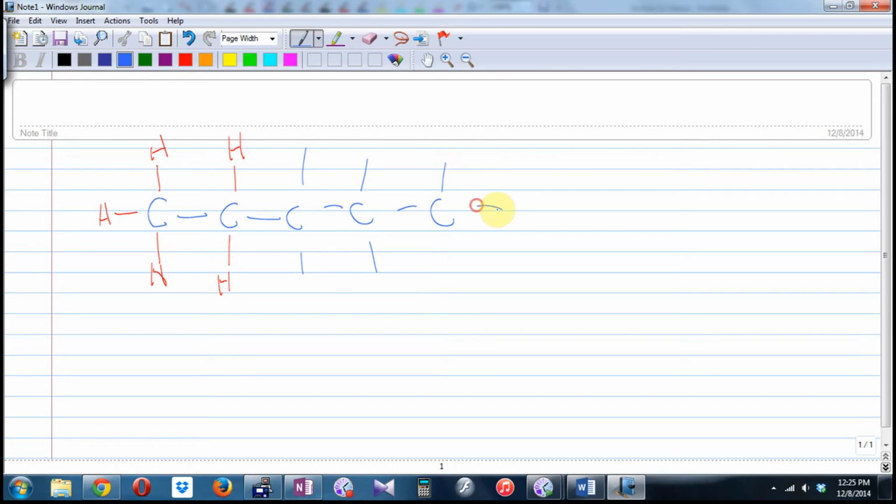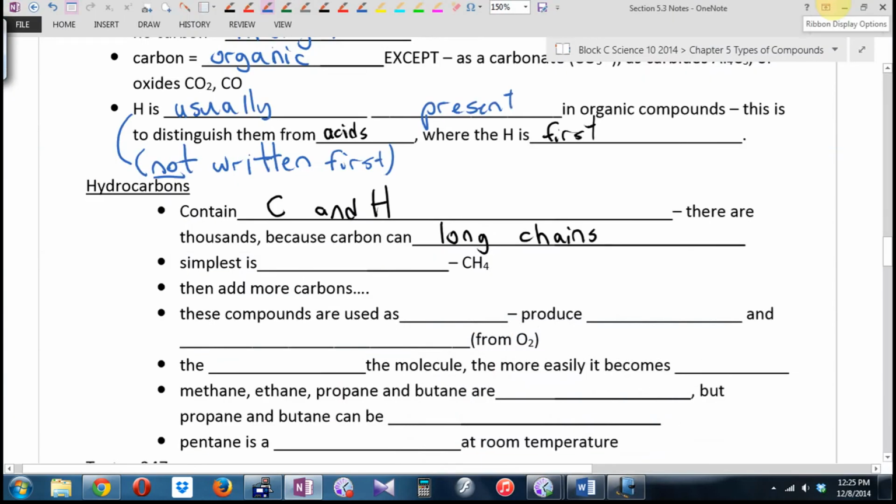Stick another carbon, and we have the technology. We can make those thousands of carbons long. Most of those end up becoming very cool gases that explode, like propane, butane, or plastics. This is some of what goes on in oil refineries, or refineries in general.